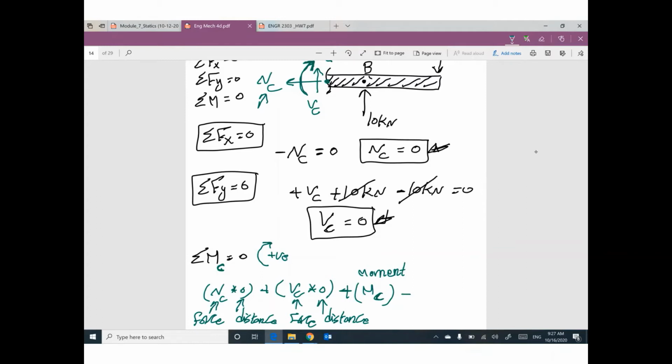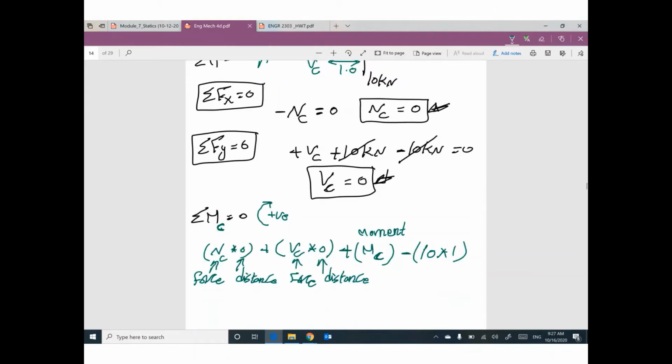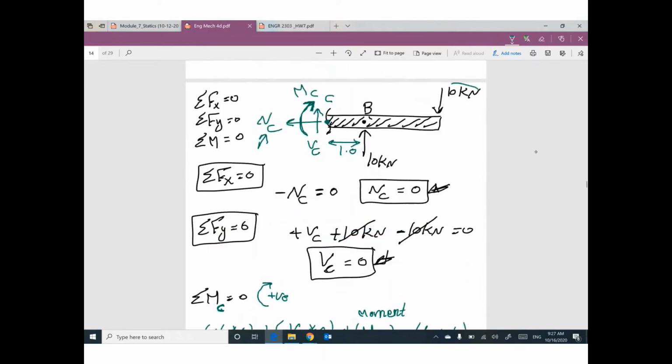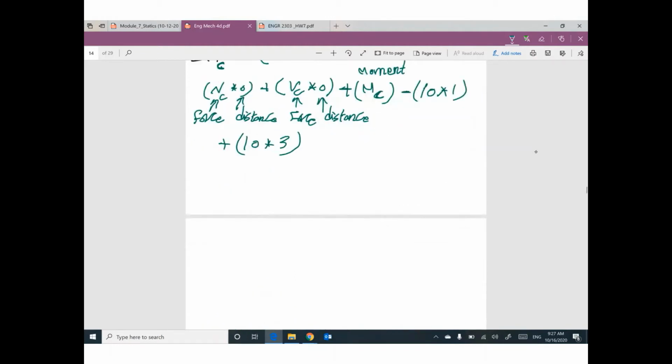Minus 10 times 1. This distance is 1. Plus 10, the second 10, which is this one, times the total distance, which will be 3. Nothing else, equals 0. This term will be cancelled. This one will be cancelled.